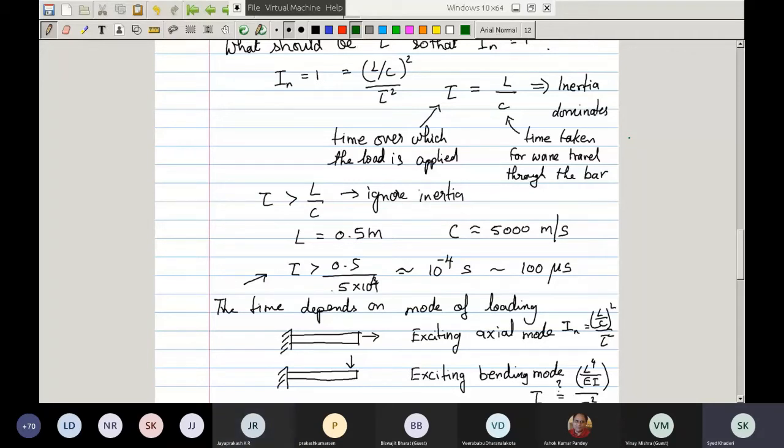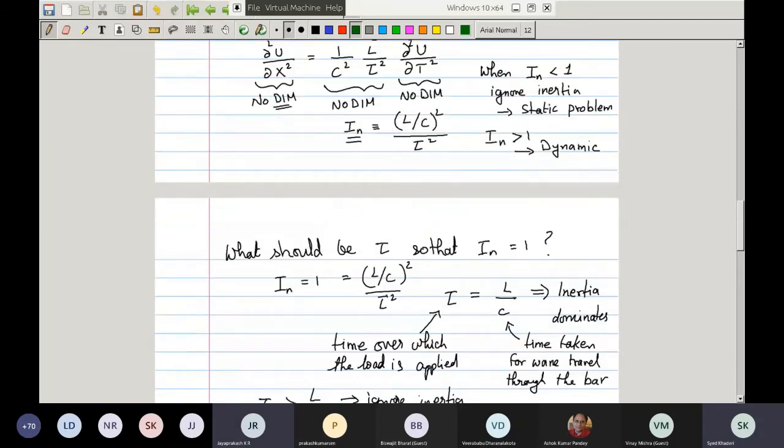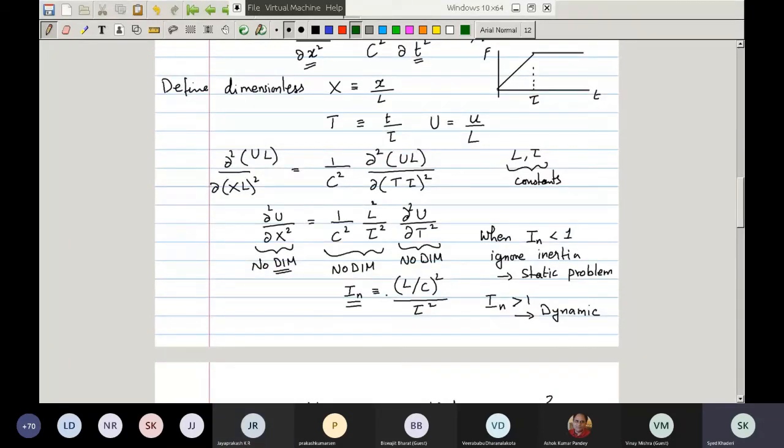Some things interesting happen. See, Jayaprakash, the way this entire thing is derived has nothing to do with the eigenmodes and all. So for a given geometry and given loading, you get this inertia number.